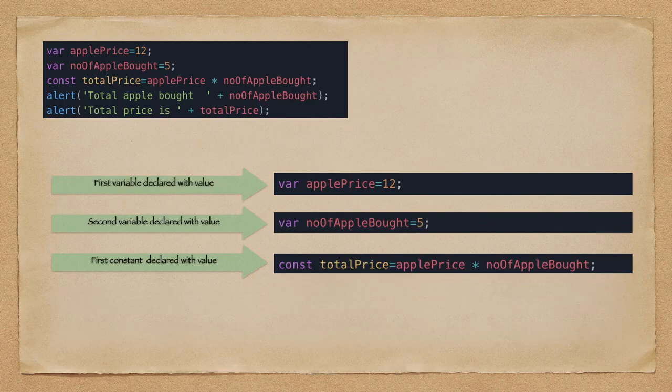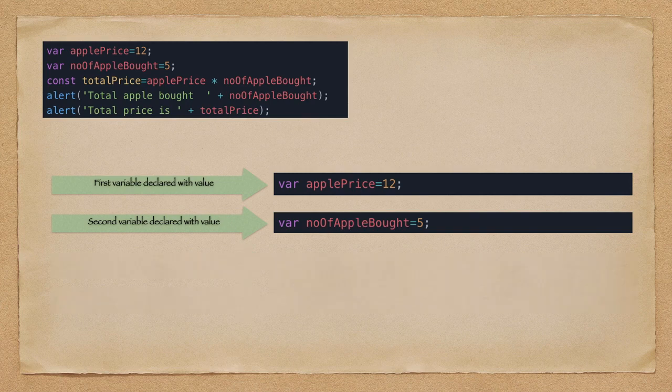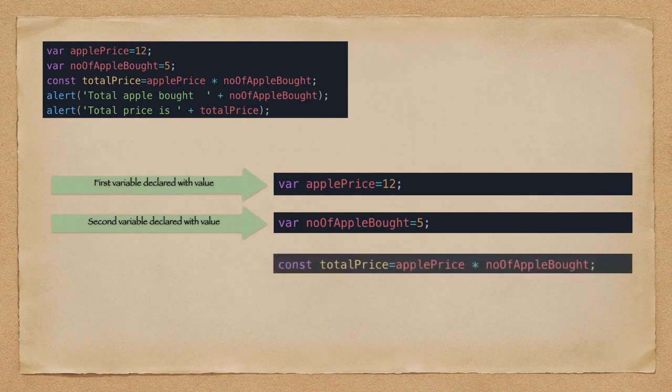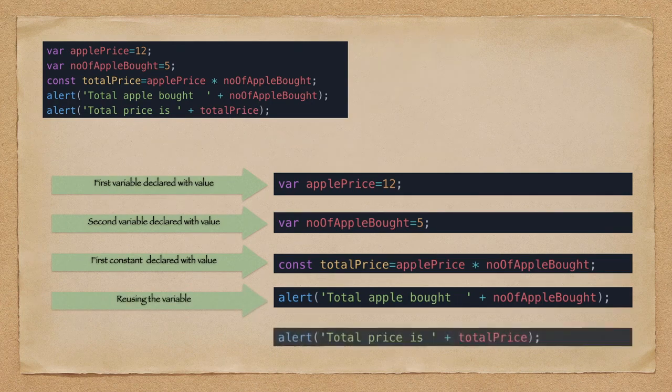Let's reuse both variables as totalPrice equals applePrice times numberOfApplesBought. Now we have two variables and one constant to reuse in the program.